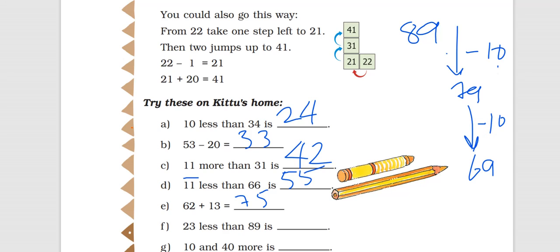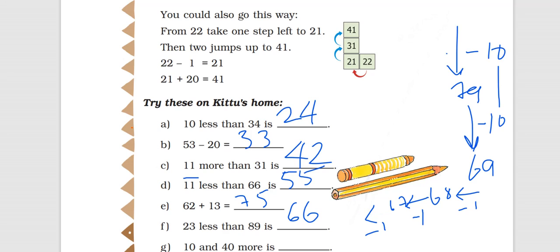So 2 steps down, which is 20. And then we have to do 3 steps to your left, which is minus 1, 68. One more minus 1, 67. And one more minus 1 is 66. So 23 less than 89 is 66.